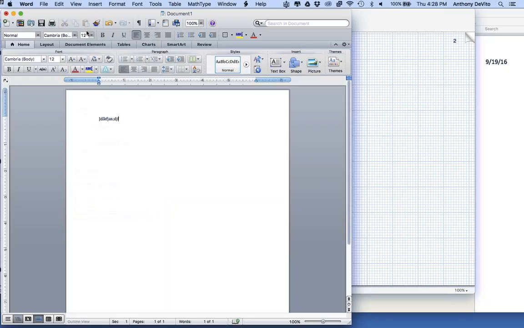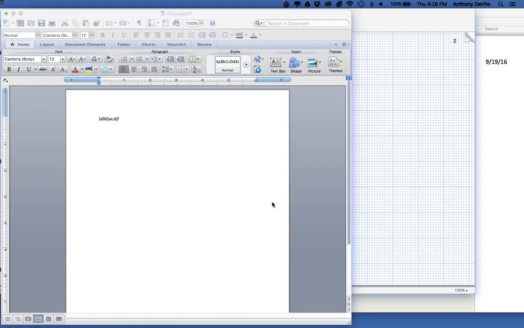But if you work in the print layout, it'll work just like the draft version. You can type and do other stuff. But we found that if you keep it in that view, you will be able to copy and paste stuff into Word from SPSS, including the graphics. So you might want to give that a try when you get a chance. Let me know if it works out for you.